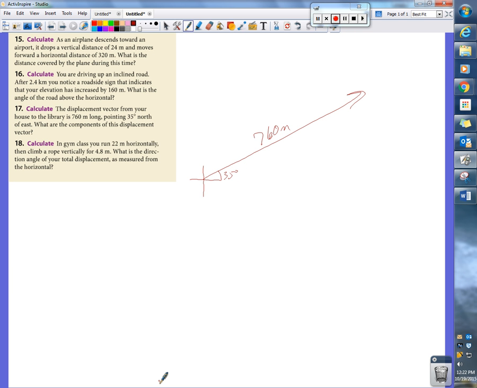What are the components of this displacement vector? Pretty straightforward, it just asks what your x component is, what your y component is. We'll call this C, this is Cx, this is Cy. So, just a simple plug-in problem, 760 meters times cosine of 35. We have the right angle, it's the angle between the vector and the horizontal.